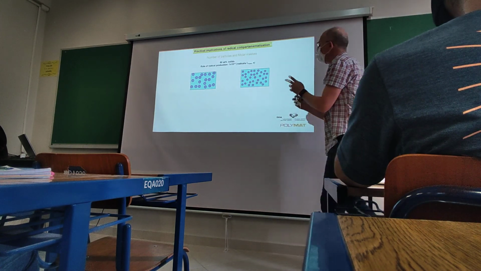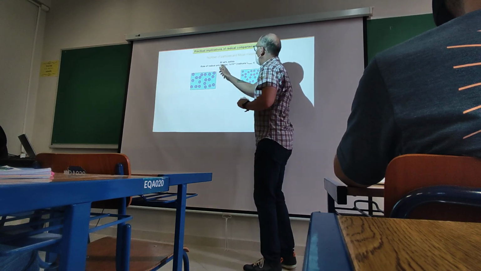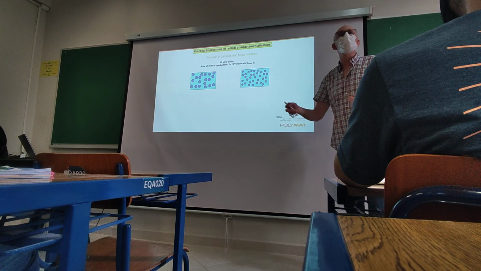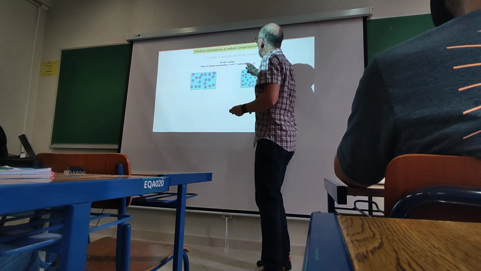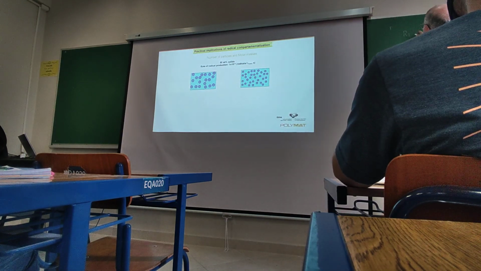Okay? So now, let's assume that I have this situation, and that now I introduce an initiator, and I start creating radicals in this system. And that the rate of creation of radicals is given by this rate. And this rate comes from this equation.